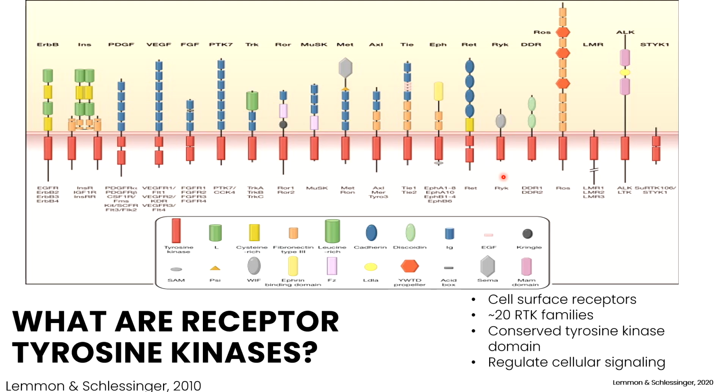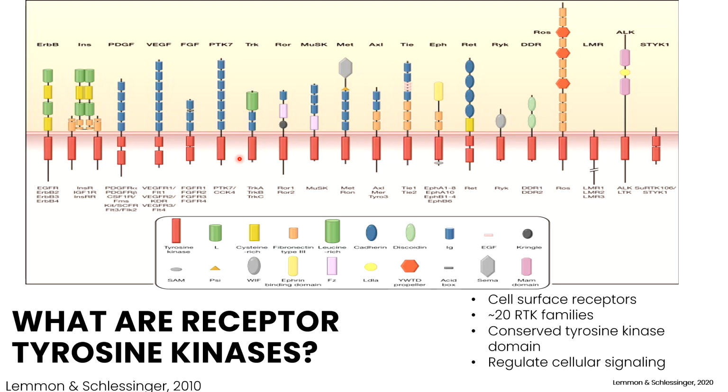Because RTKs regulate critical cellular processes like growth, proliferation, differentiation, metabolism, and survival, their activity must be controlled very tightly. When that regulation is disrupted, the signaling pathways can become overactive and contribute to diseases such as cancer.